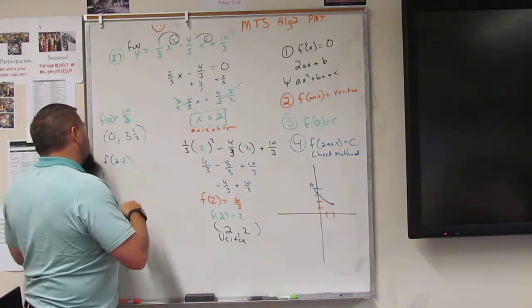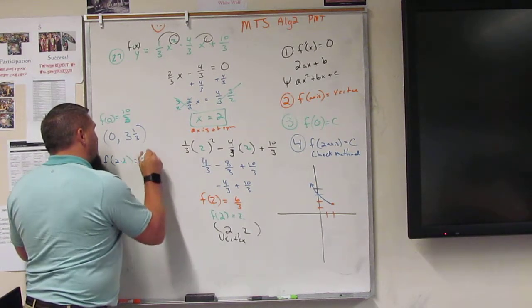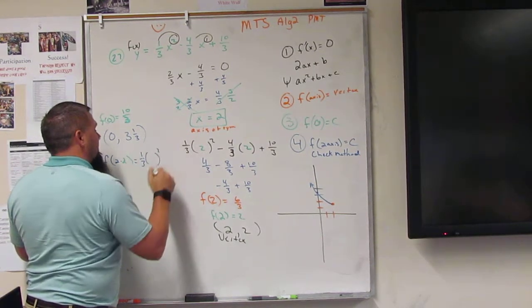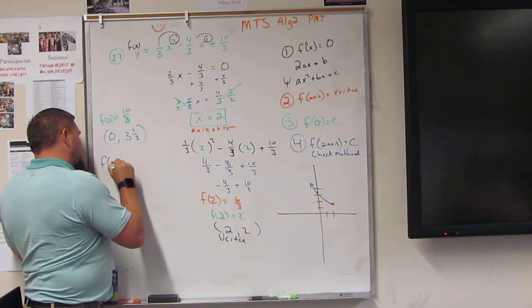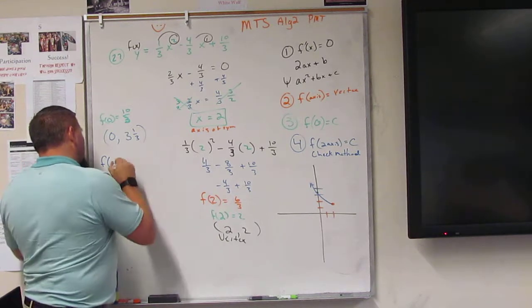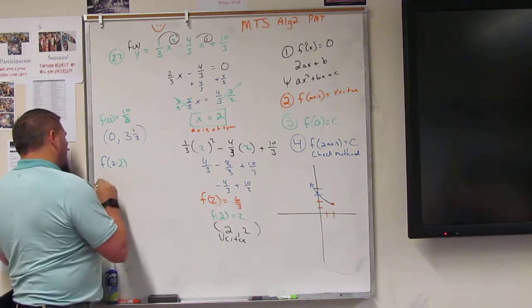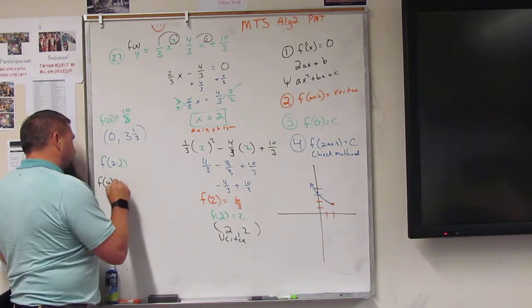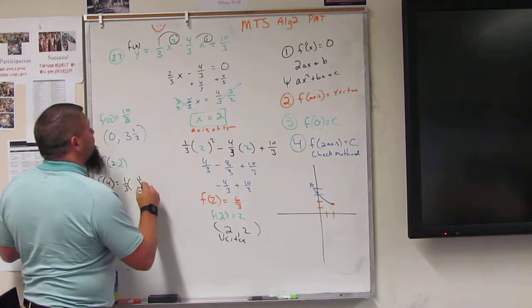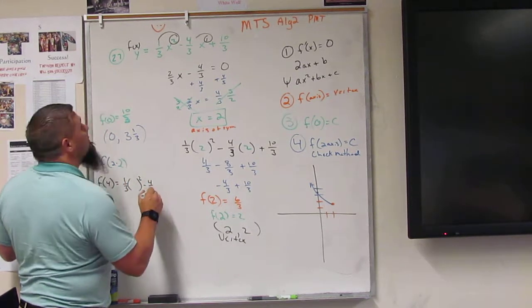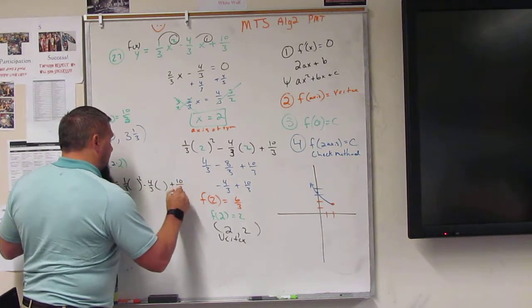So I'm plugging in f of 2 times 2, so technically I'm plugging in f of 4 into 1/3 x squared minus 4/3 x plus 10 over 3.